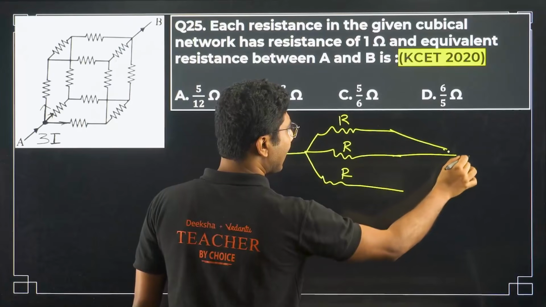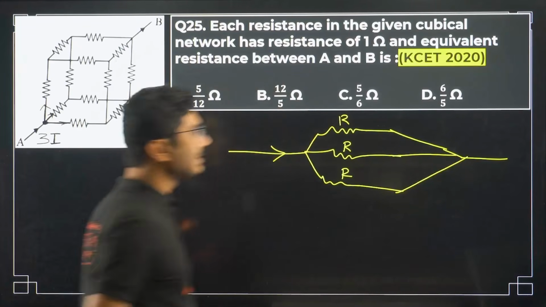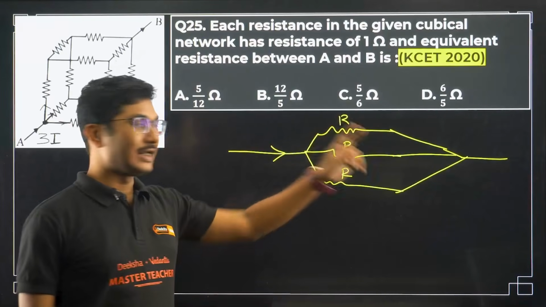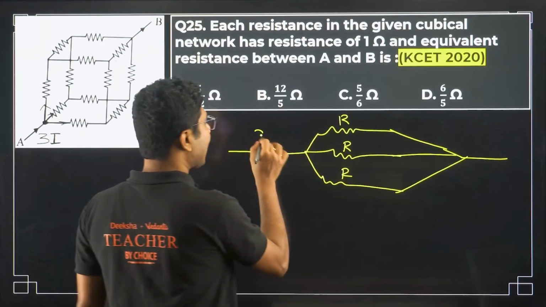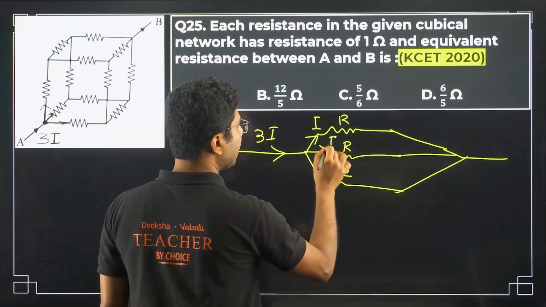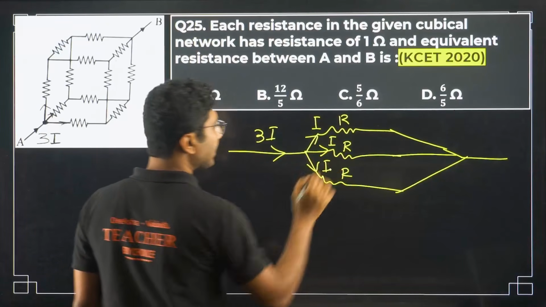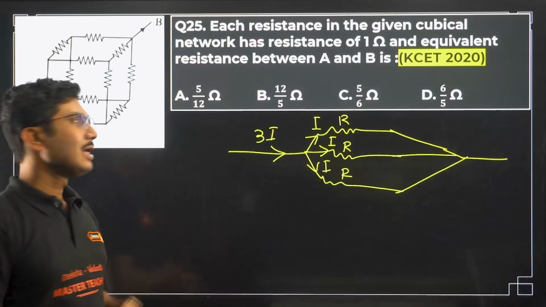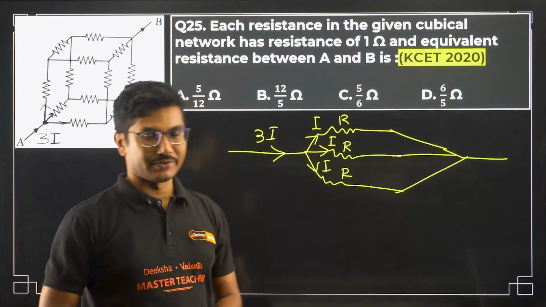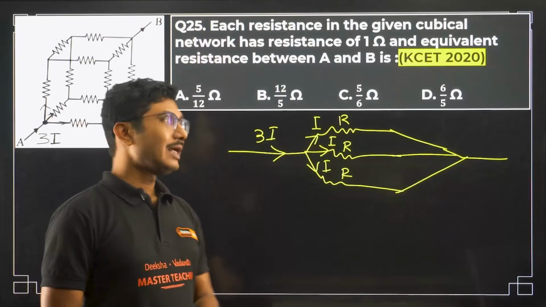If the paths offer equal resistance, and you apply say 3I current over here, then it will be distributed equally. The current will be distributed equally only when all possible paths are equally resistive.